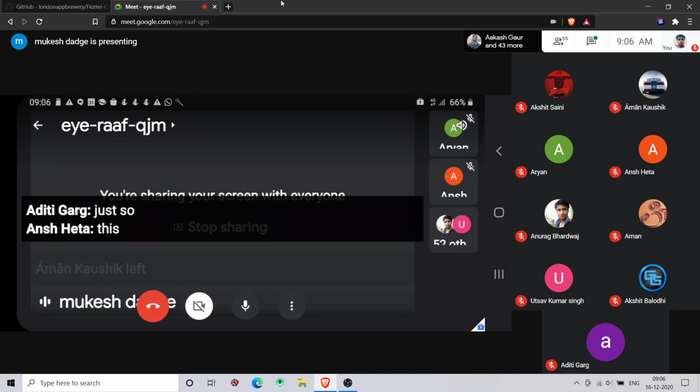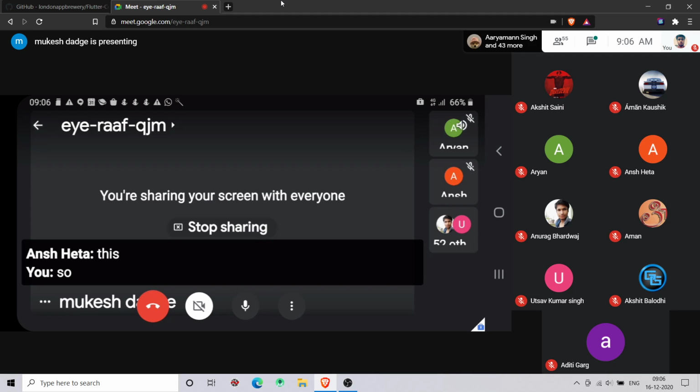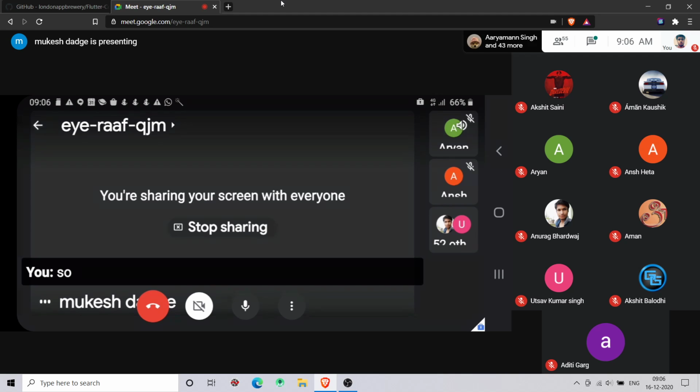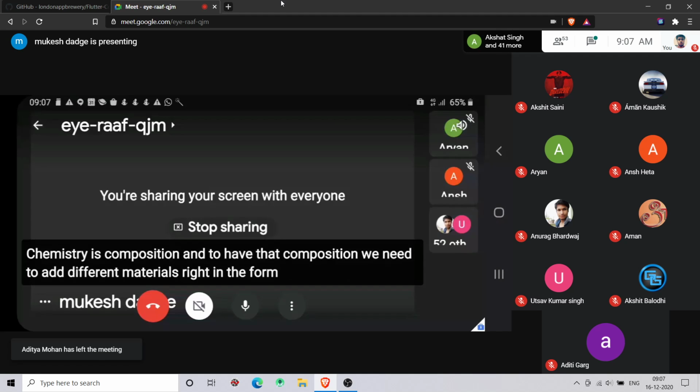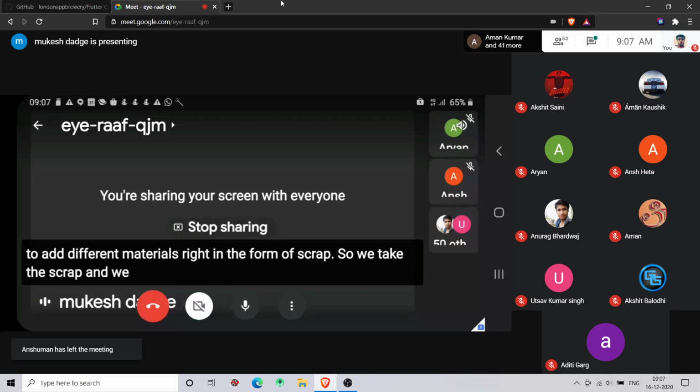So finally, in casting we want specific chemistry. Chemistry means composition, and to have that composition we have to add different materials in the form of scrap. We take the scrap and add it in the furnace.